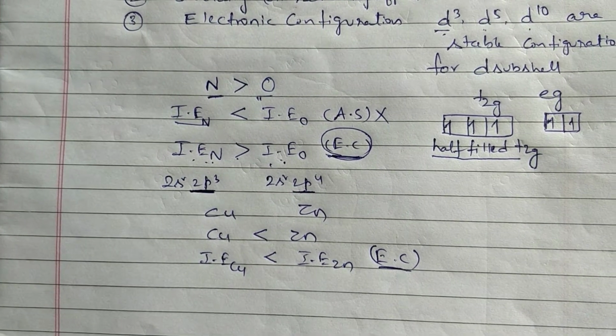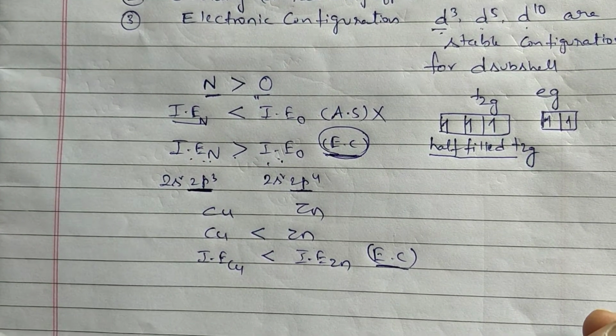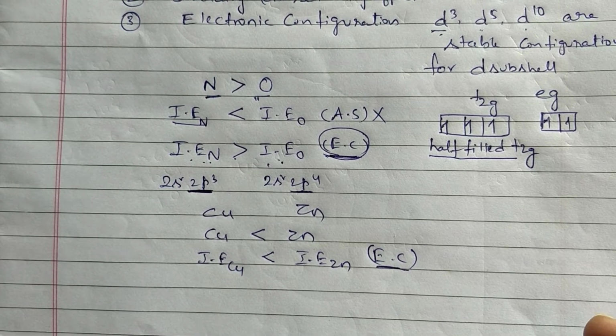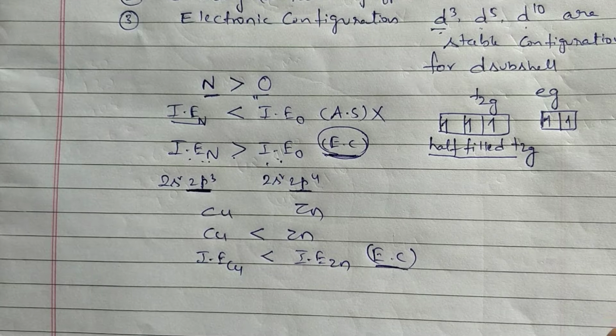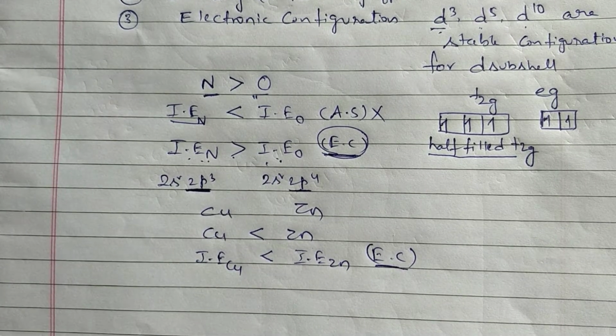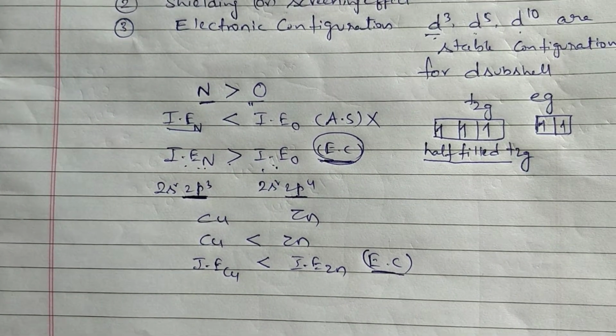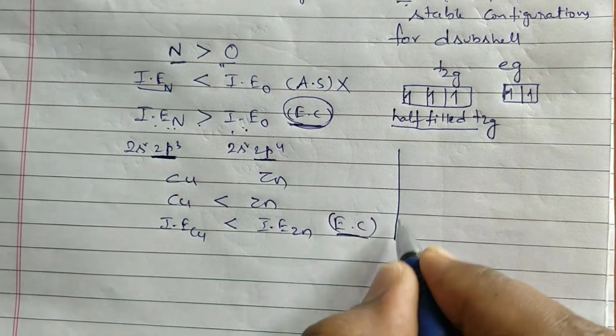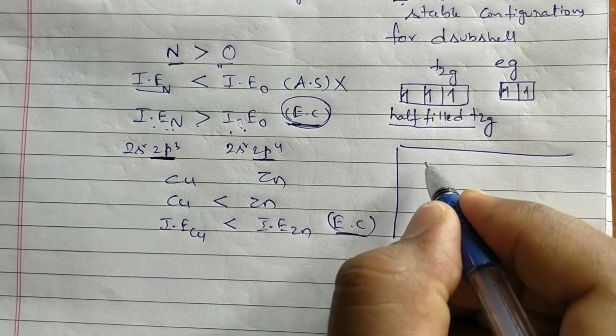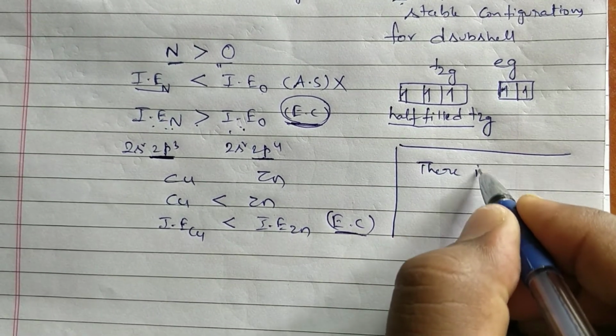That's why zinc has higher ionization energy than copper. Like that, depending on various factors, we explain why atomic sizes vary like that. We have to consider these many things in d block elements because there is no regular trend.